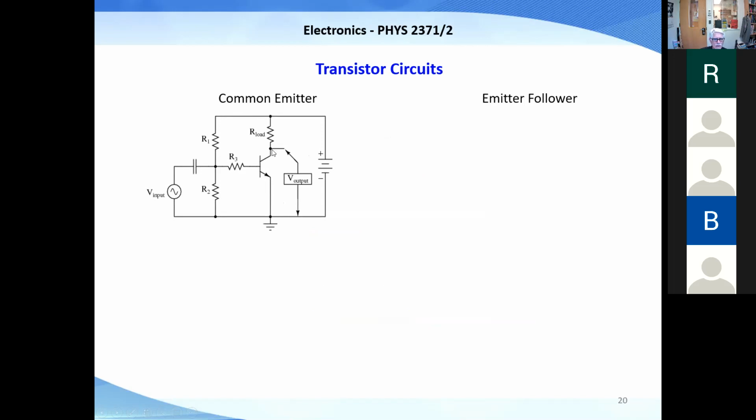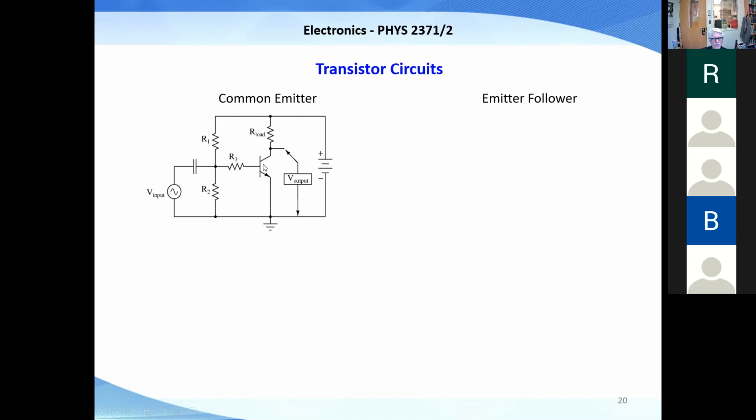The collector, the emitter is always the one with the arrow, and the base is the one where you're controlling the current that flows from the collector to the emitter. Okay, so don't look at this for a while. Just look at, here's a transistor whose resistance can change, and here's a load resistor.